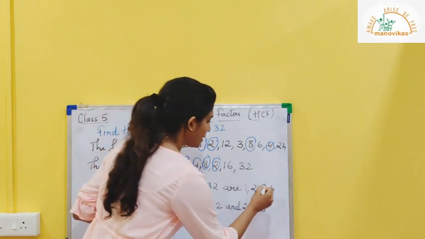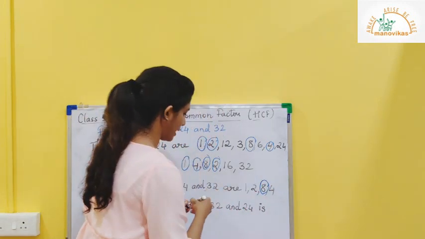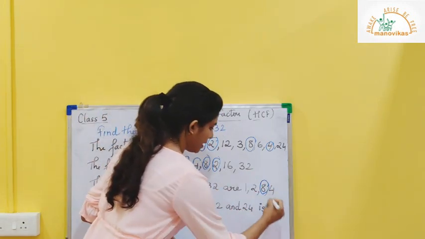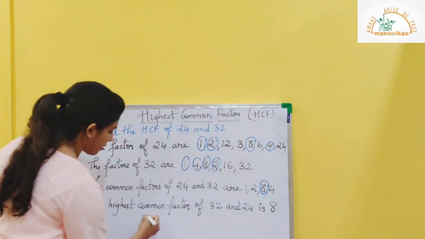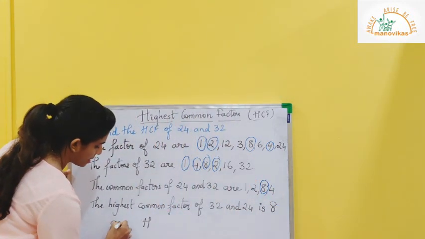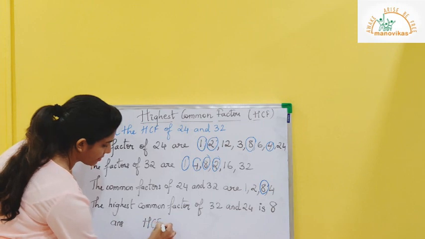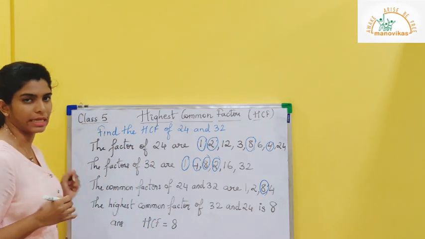Here 8 is the highest common factor, so I write 8, or you can write the answer as HCF is equal to 8. Now we will learn how to find highest common factor using prime factorization method.